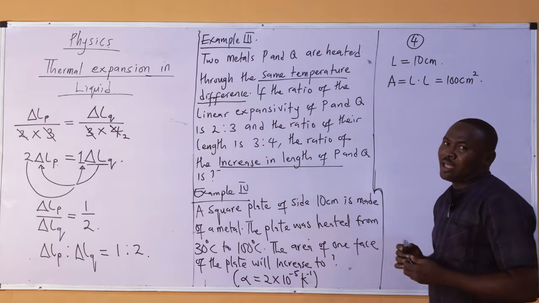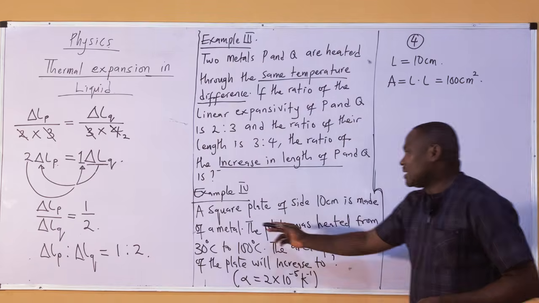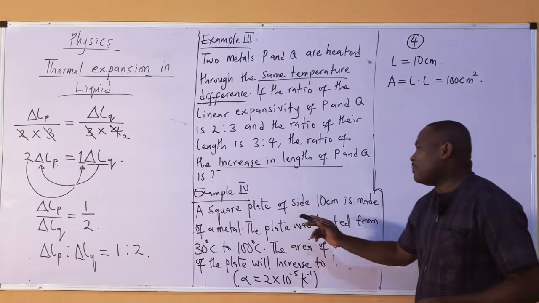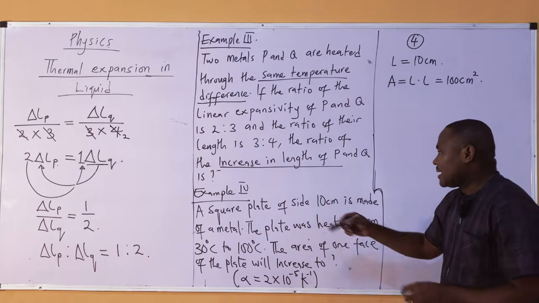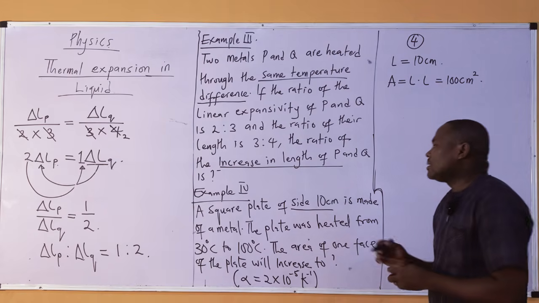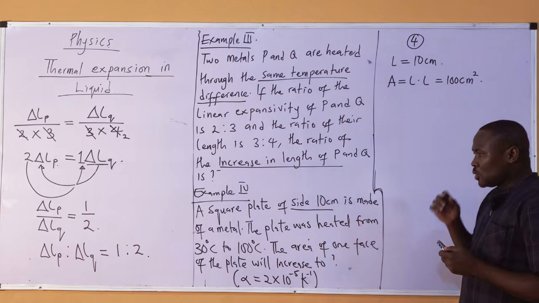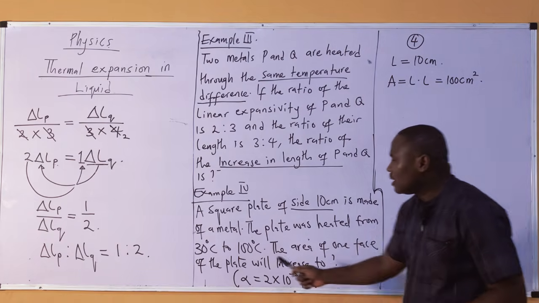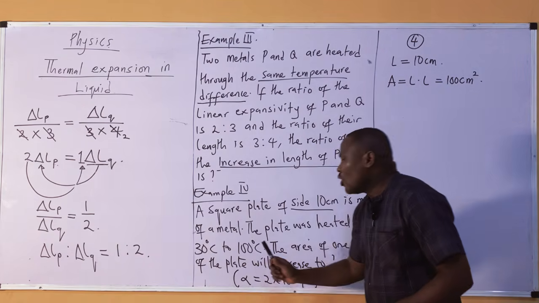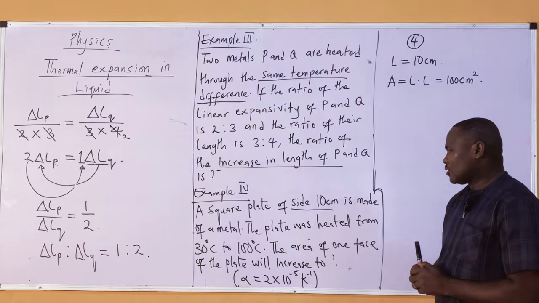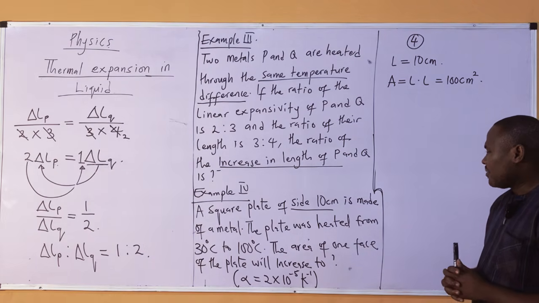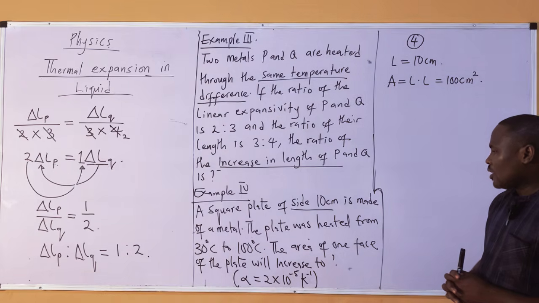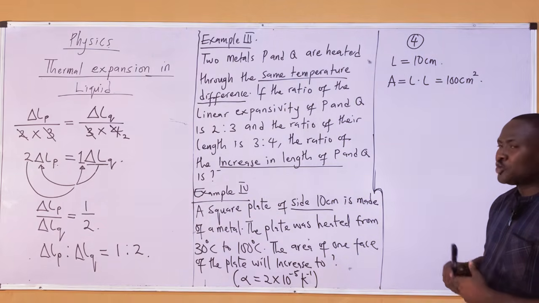That becomes our area. The plate is made of a metal and was heated from 30 degrees Celsius to 100 degrees Celsius. The question is: the area of one face of the plate will increase to dash.